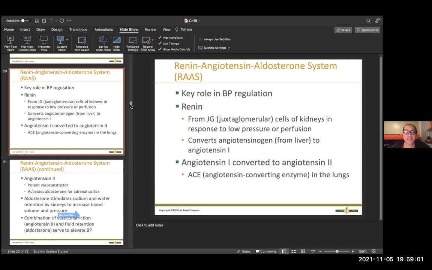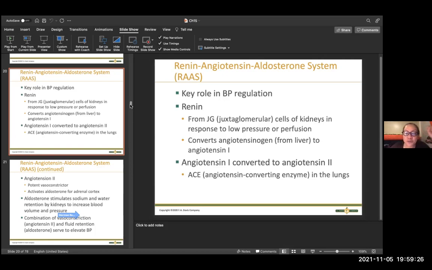I want you to look at the flow of this conversion. But it will be a waste of time if we look at the picture, so I want you to Google images this later on. Once it is converted to angiotensin 1, it needs another conversion to angiotensin 2.